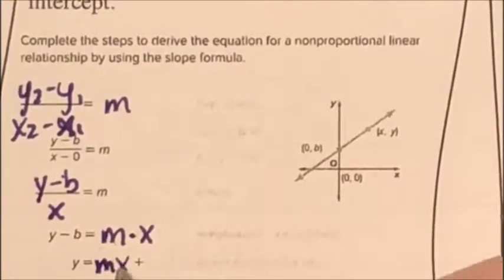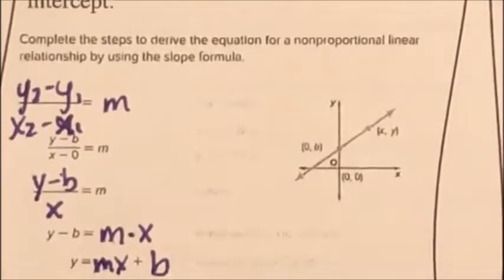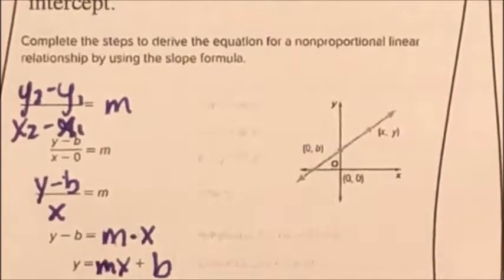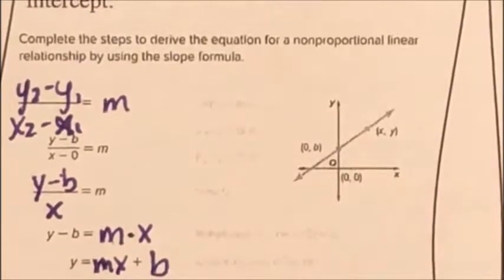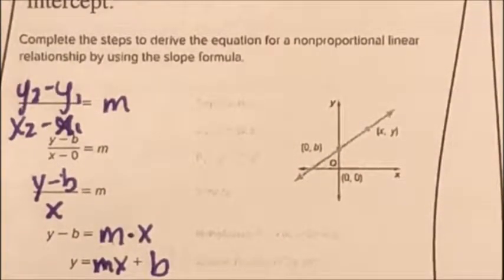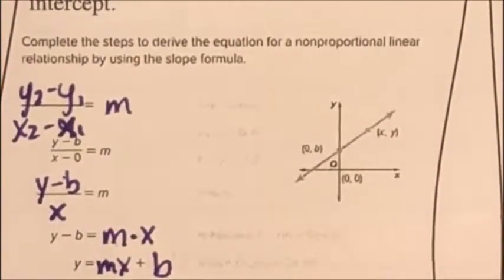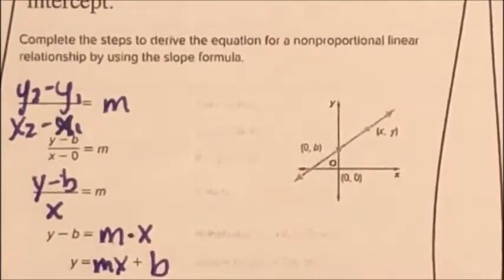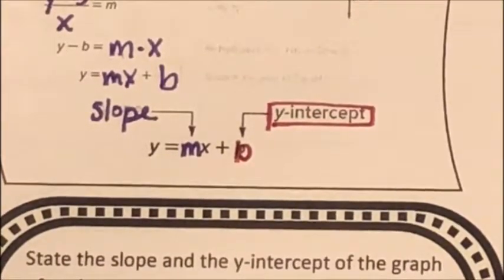So I get mx plus b. Okay? So that's where I get my information from. So m is my slope. Sorry. m is my slope, b is my y-intercept.